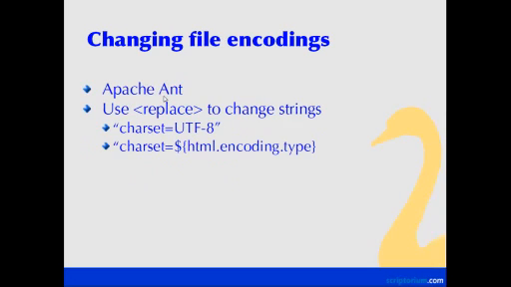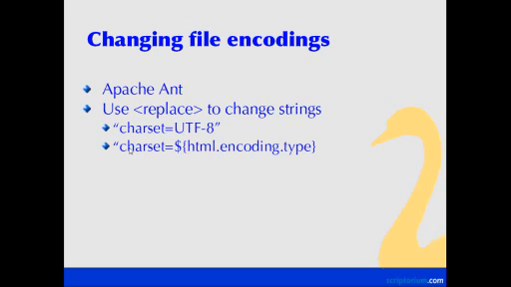So to change our file encodings, what I did was I used the ANT replace statement. In this replace statement, I can look for the string charset UTF-8. So here's one of the benefits of saying everything's going to be UTF-8, because that way this string, I always know it's going to be in this form.